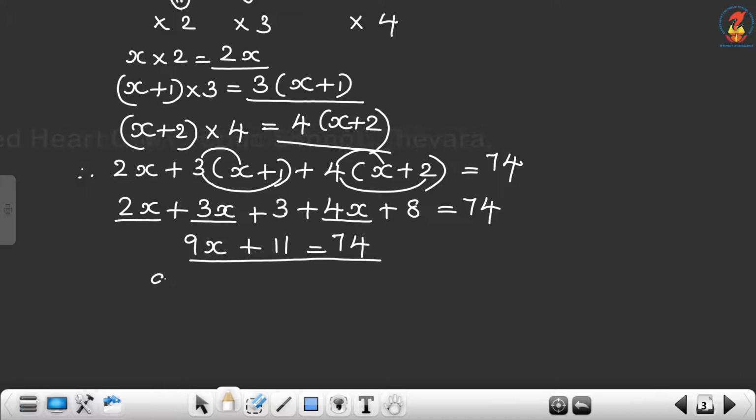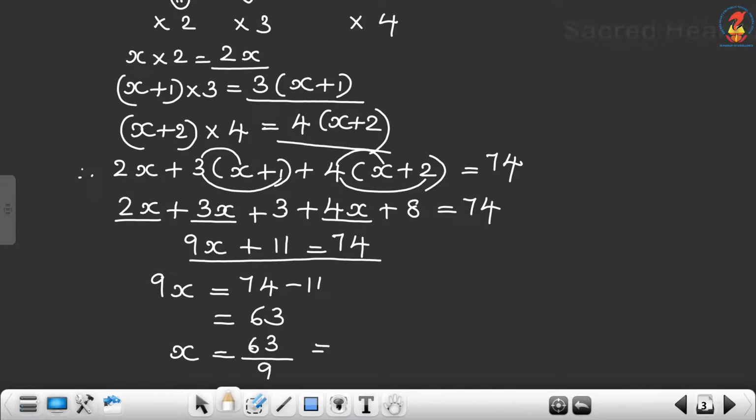Now we have to solve it. 9x equal to 74 minus 11. What is 74 minus 11? 63. So 9x equal to 63. Therefore, x is equal to 63 divided by 9, equal to 7. So the value of x is equal to 7.